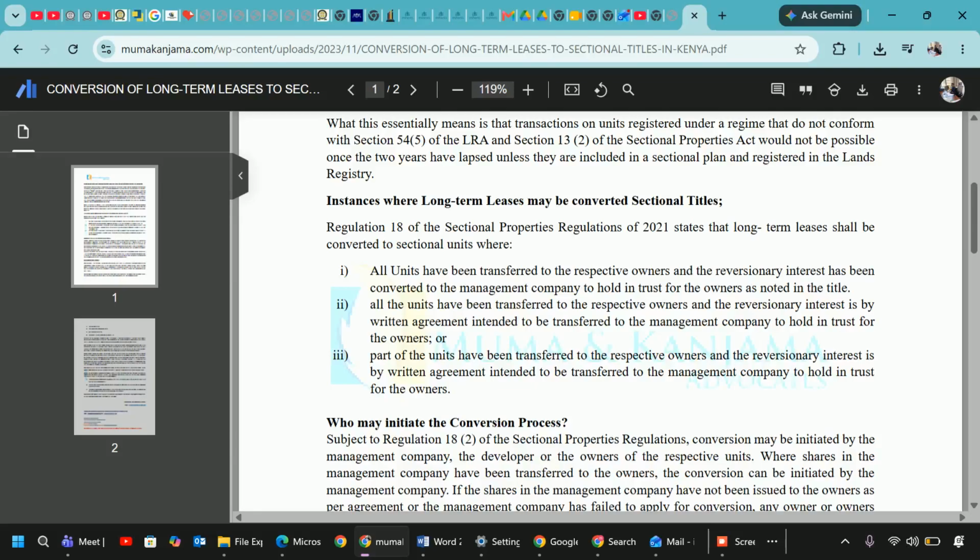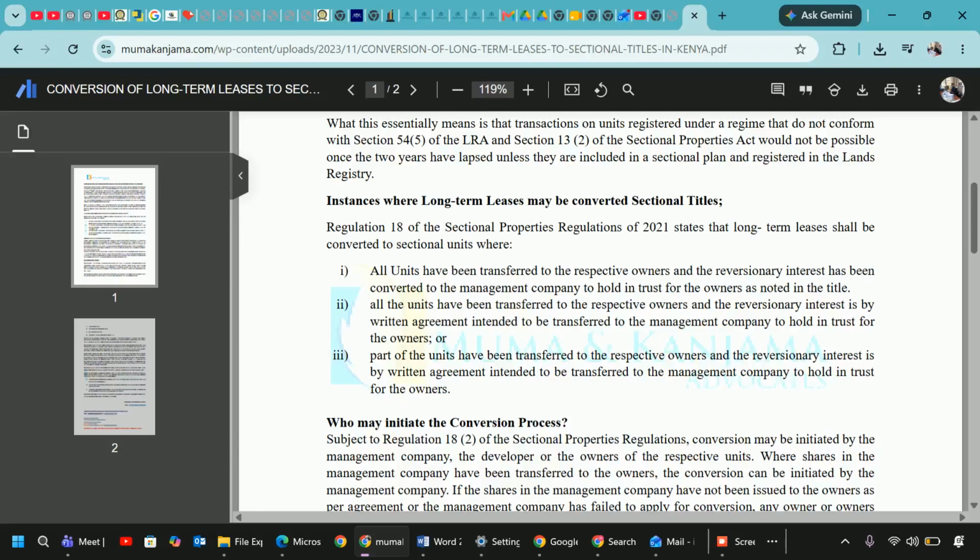We saw partial transfers or full transfers, where all units have been transferred to the respective owners and the reversionary interest has been transferred to the management company to hold in trust, but not as legal owners.